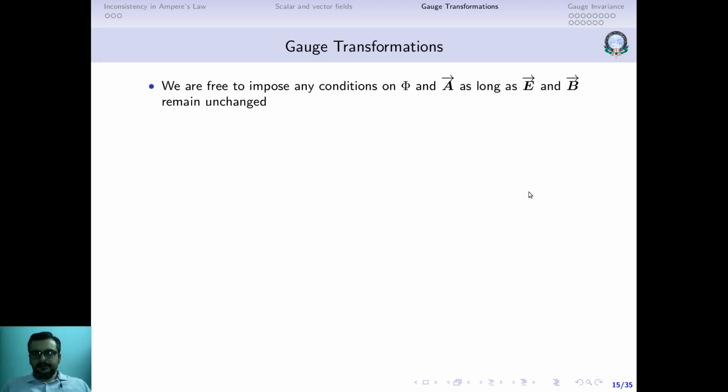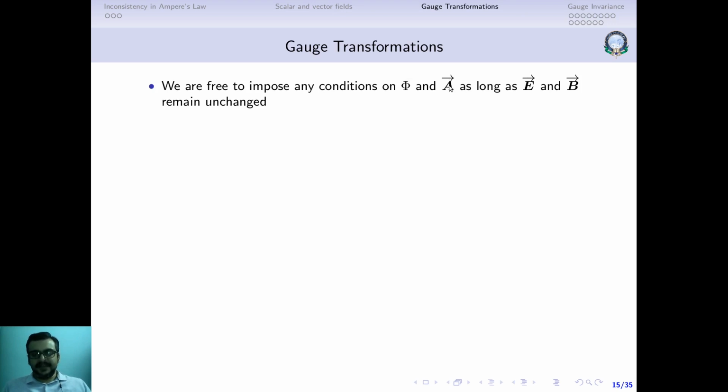The idea here is basically this. We have to keep in mind that it's only the electric and magnetic fields which are the real fields. They are the ones which produce real physical effects. This is one thing we should not lose sight of. We are introducing these new potentials phi and A, but they are actually mathematical constructs which we introduce in order to simplify the problem, or to solve it in a more convenient manner.